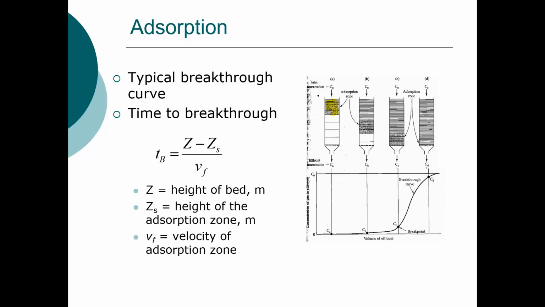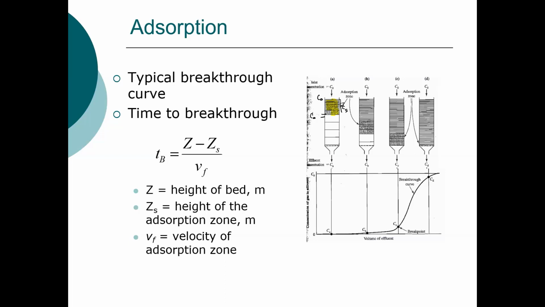We have C naught here. As the chemical is being removed, or the flow moves down the column, here is our adsorption zone, denoted as Z sub S. If I have a port here, the concentration at this point is Z0. That is at equilibrium.